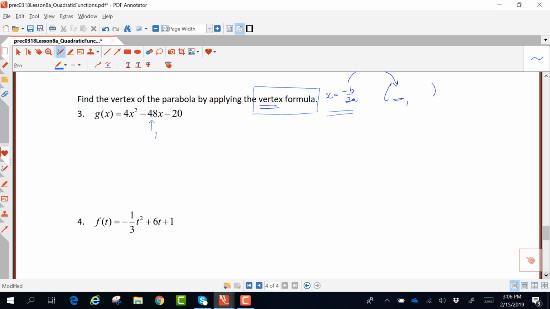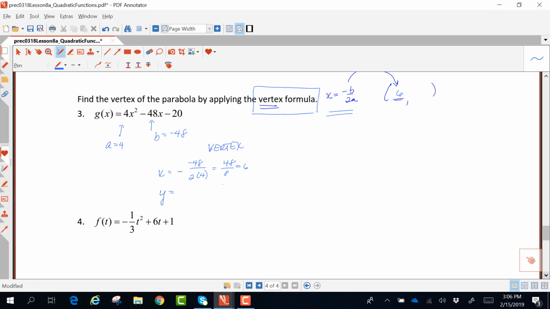Therefore, if my b is -48 and my a is 4, the x value of my vertex is going to be the negative of b, which is another negative, over 2a, which is 2 times 4. This becomes 48 over 8, which is 6. So the x value of the vertex is 6.